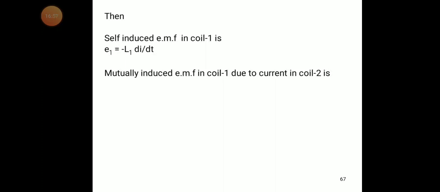Now we can write the self-induced EMF in coil 1. Already we discussed, self-induced EMF is L di by dt. Next, the mutually induced EMF in coil 1 due to the current in coil 2.